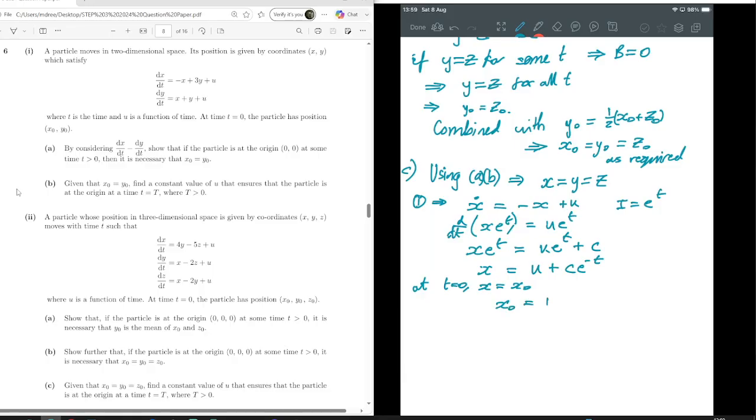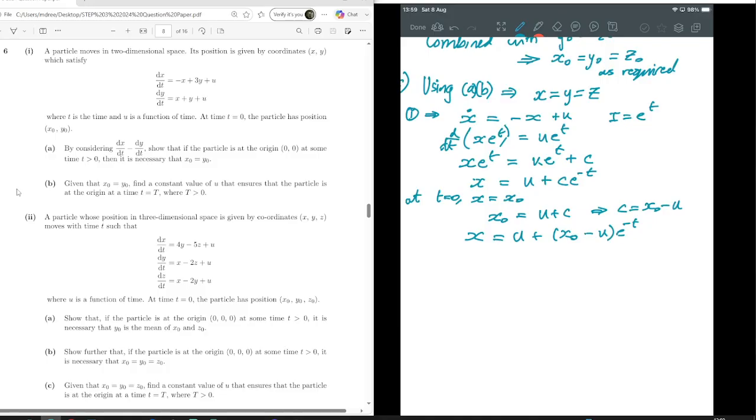So x naught equals u plus c, which means the c is x naught minus u. And at a general time then, we have that expression for x.